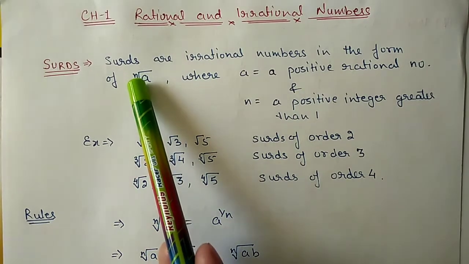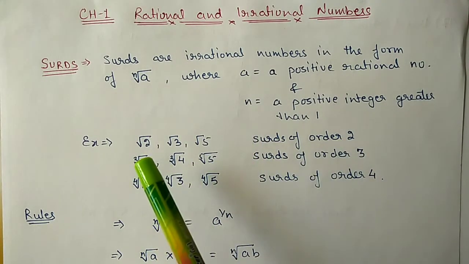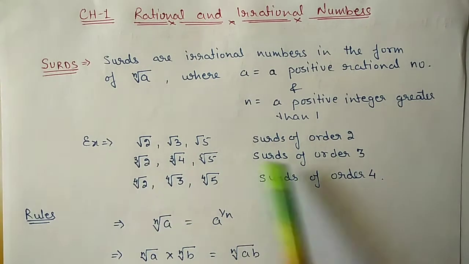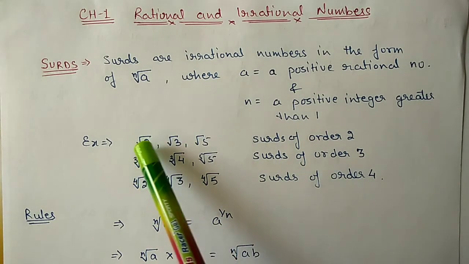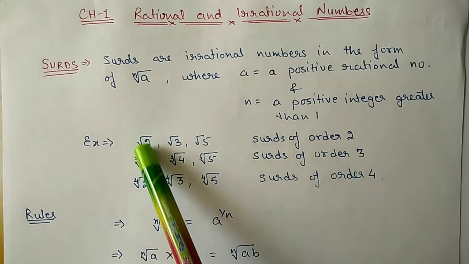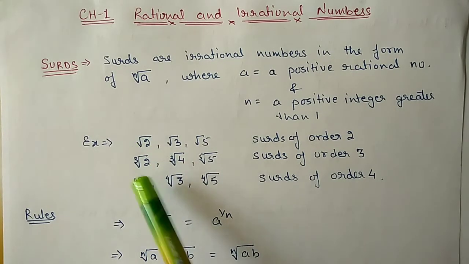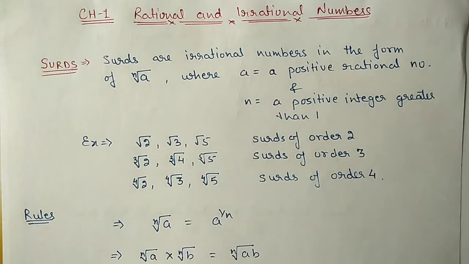See the value of n: if n is 2, the order of the surd is 2; if n is 3, the order is 3; if n is 4, the order is 4. For order 2 we will not write square root of 2 with the index, we will write simply the root symbol, it is understood. For orders 3, 4, 5 and the remaining ones we will write the index.